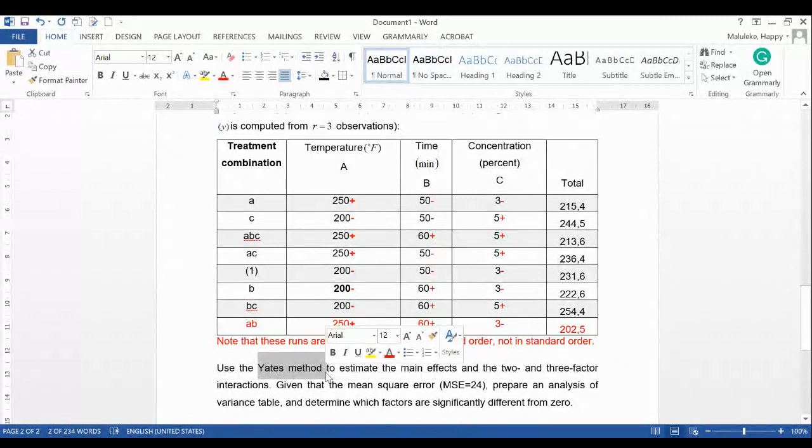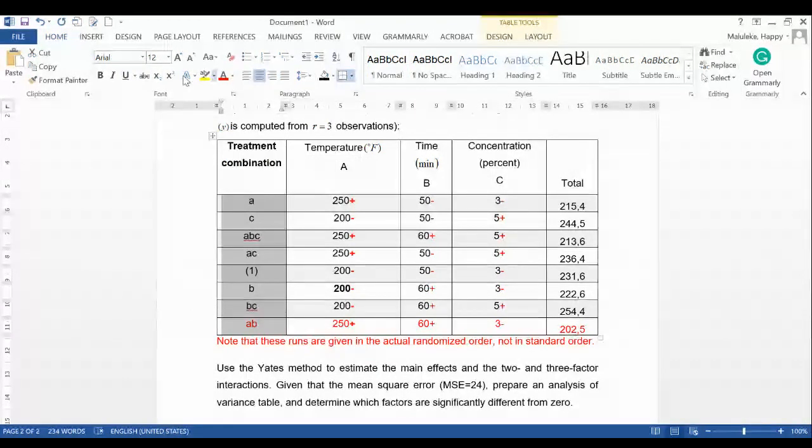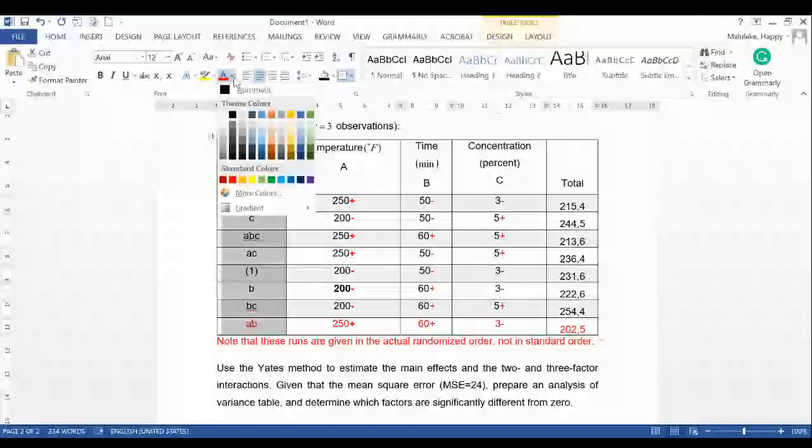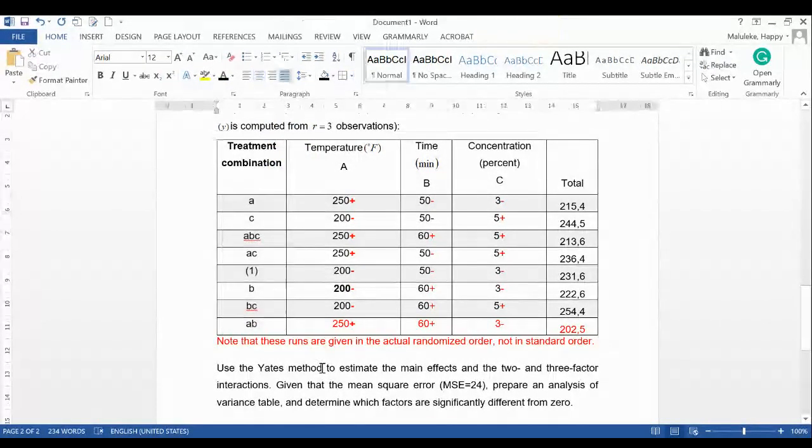What is the secret of the Yates method? Order matters. So you cannot solve the problem using this order. You must first write them in a standard order. The correct order for the Yates method is the one I'm about to write here.